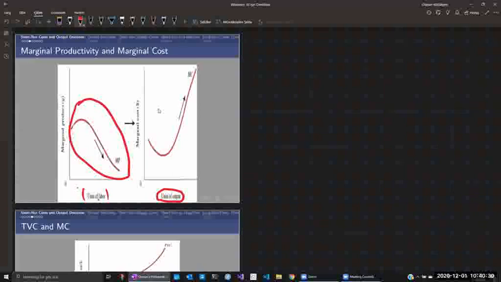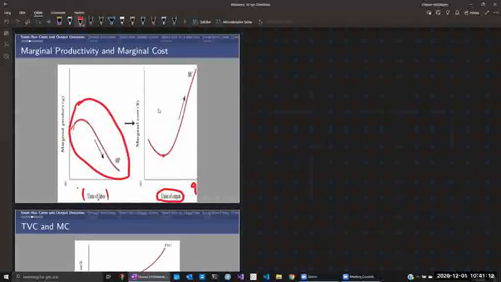So the production, when we increase the labor, first increases with an increasing rate when the marginal product is increasing, so that the last unit of labor that we hire has a higher productivity, which means that the cost of producing an additional unit of output is decreasing in this region when the productivity is increasing.